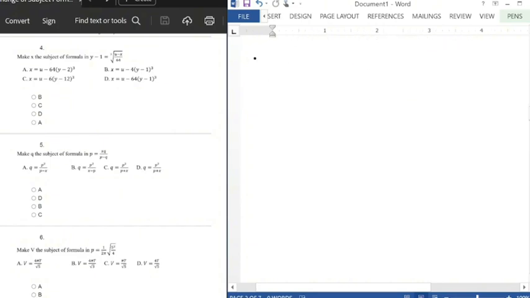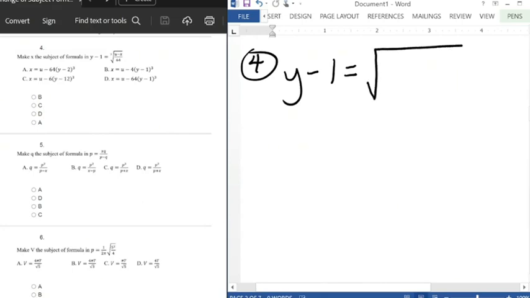Okay, for question number 4, we have make x the subject of formula as well. So y minus 1 equals cube root of u minus x divided by 64. Right. So what we're going to do here is this.